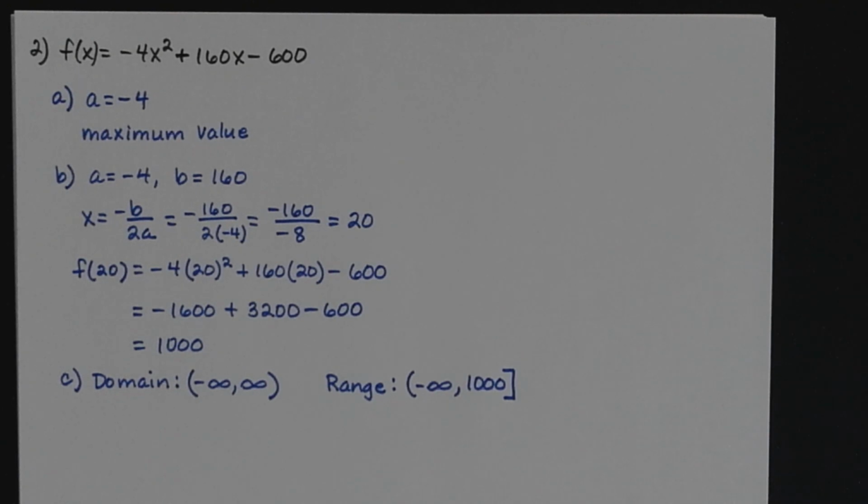With the maximum value, that range would be from negative infinity up to whatever that maximum value is. But if it was a minimum value, then it would be that minimum value itself up to infinity. Okay? Any questions about problem number 2?